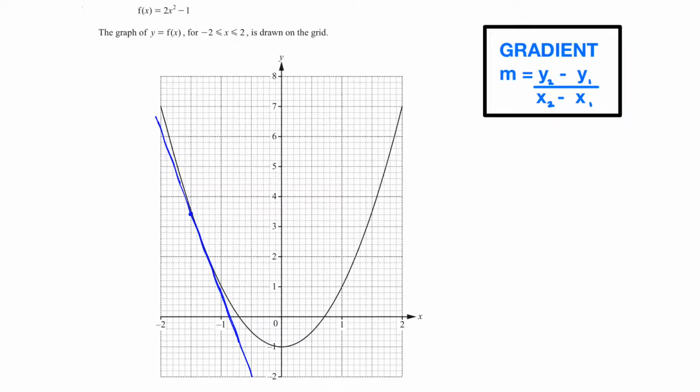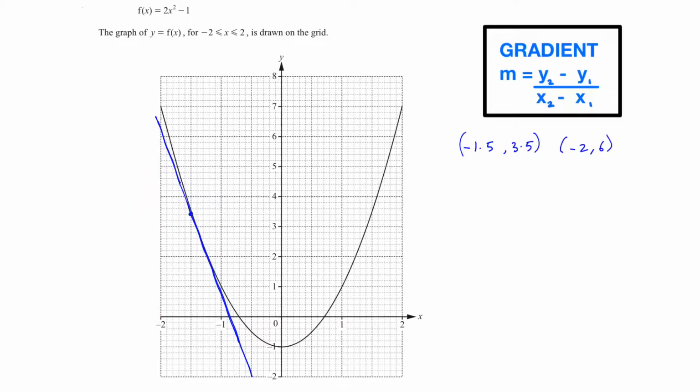To find the gradient, we use the rule y2 minus y1 over x2 minus x1. We need 2 points. One point was already given to us, negative 1.5 and 3.5. The other point you can see is negative 2 and 6.